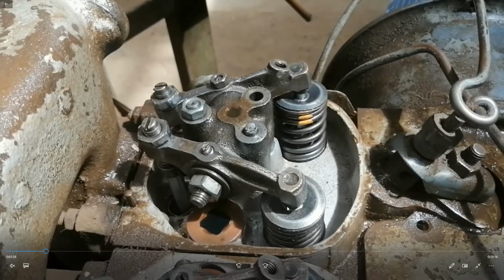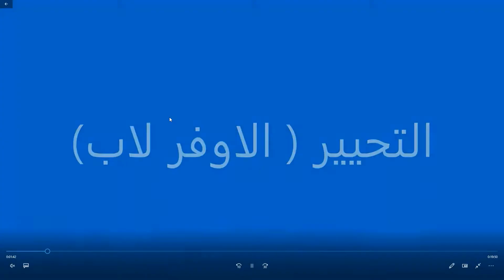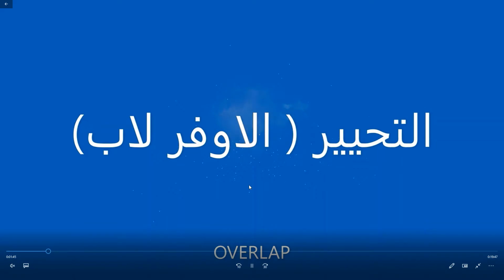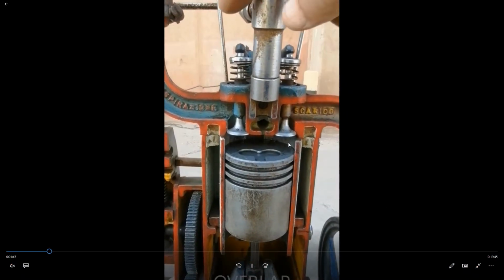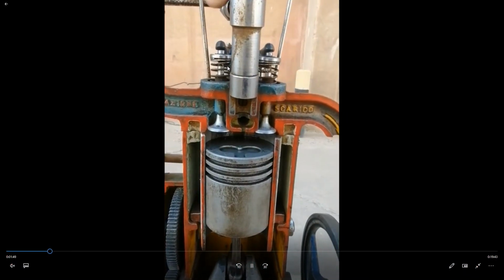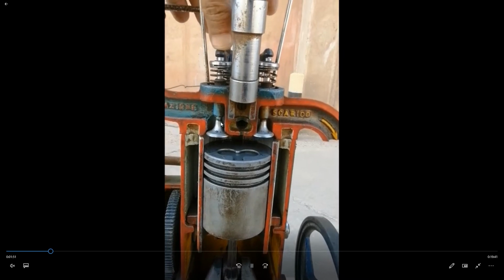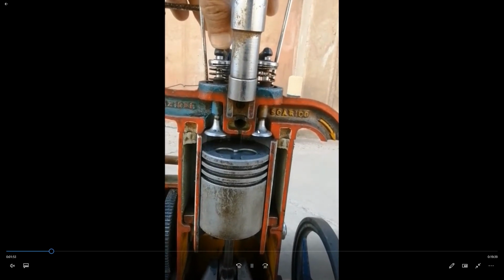Exhaust opens, then the intake opens. This is overlap. Overlap is an important point to discover where we are. Here, this is the intake valve, and this is the exhaust.